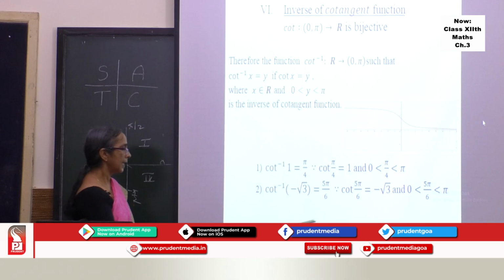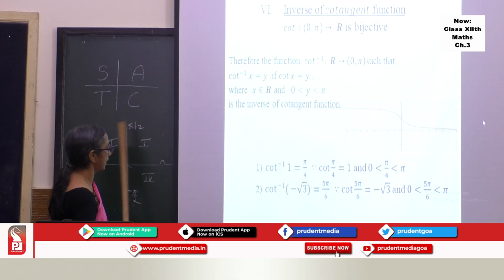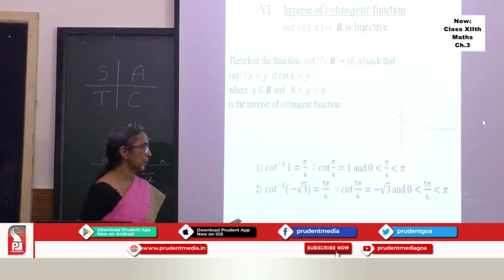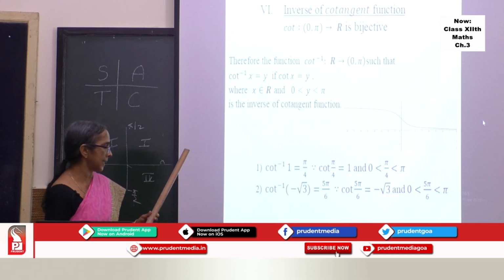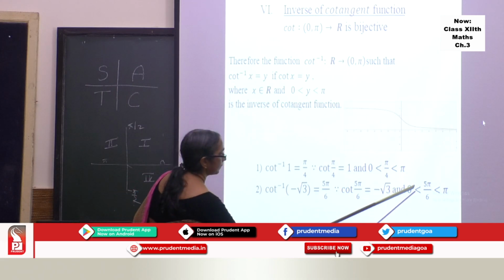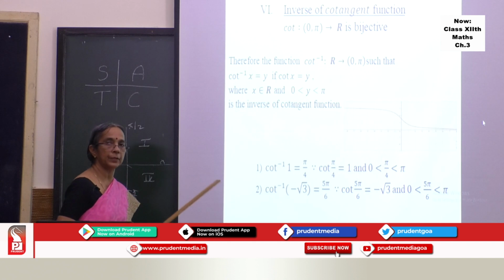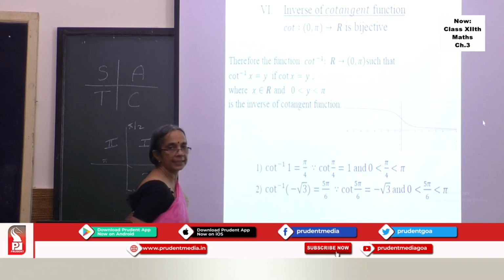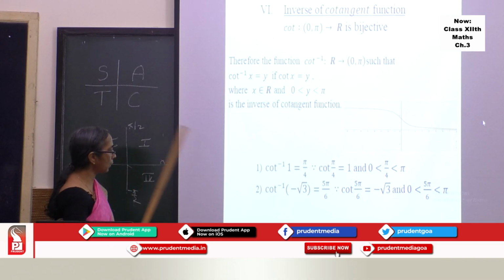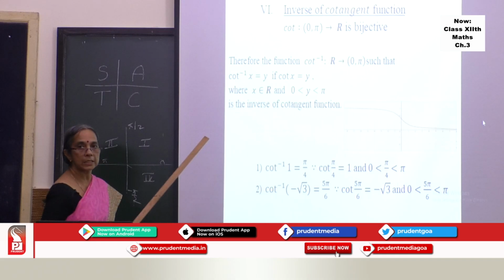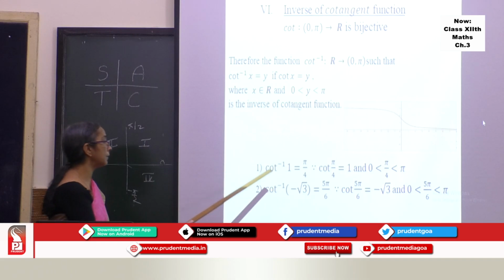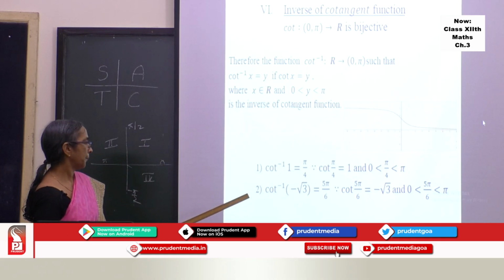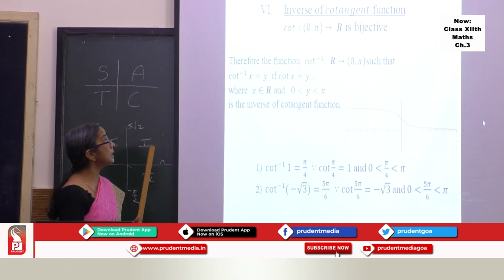It is an angle in the second quadrant, exactly 5 into 30, 150 degrees, between 0 and 180 degrees. So cot inverse of a negative value is not like tan inverse of a negative value. Okay, these are the inverse functions.